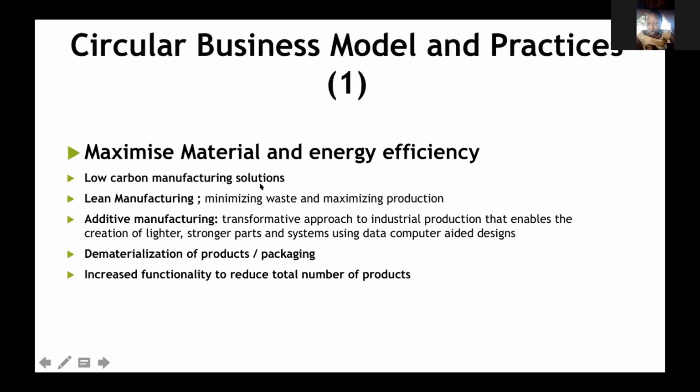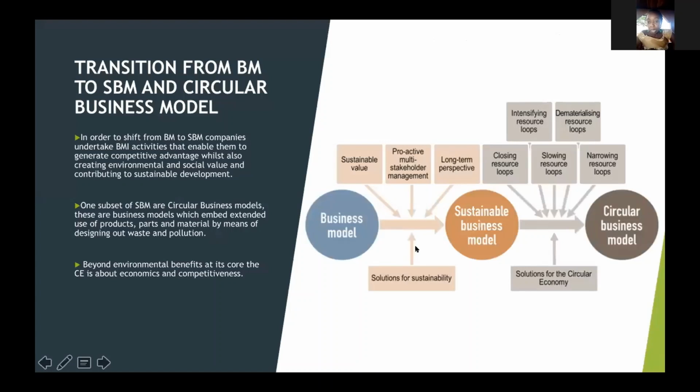So which solution in your business has a low carbon footprint? You need to think about lean manufacturing. Lean manufacturing means using less resource to produce more. How do you use less resource to come up with more? That is less for more.